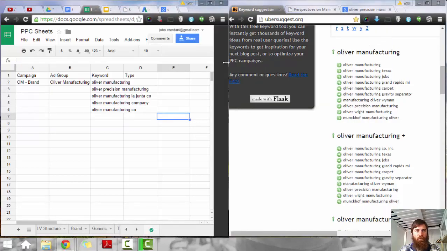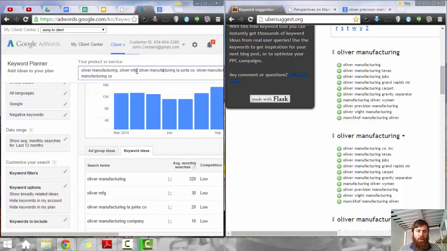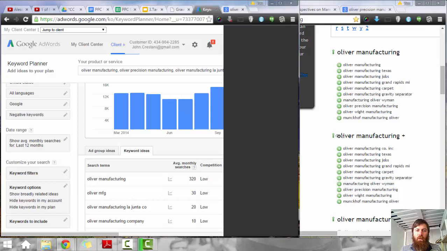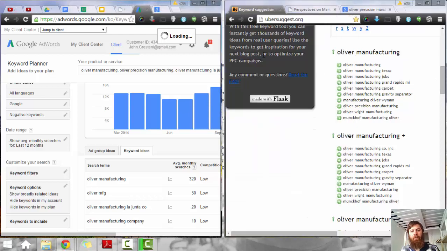It'll be a complicated business. Oliver Precision Manufacturing. Okay, cool. And so notice we are building out negative keyword lists and keyword lists at the same time.